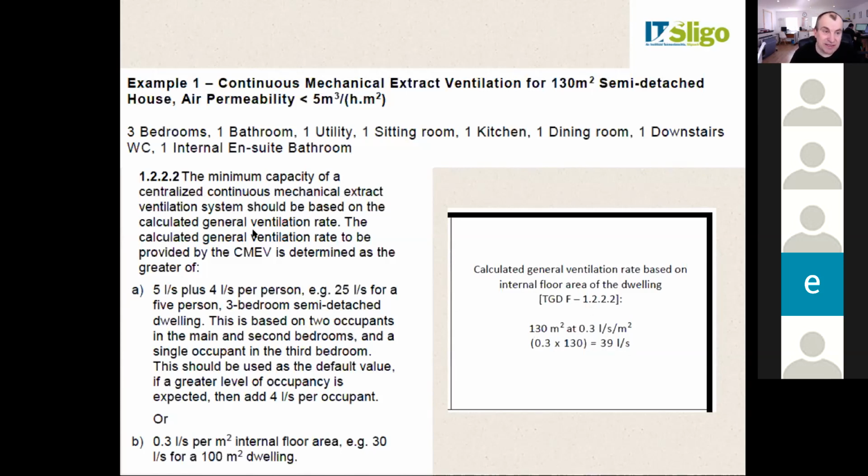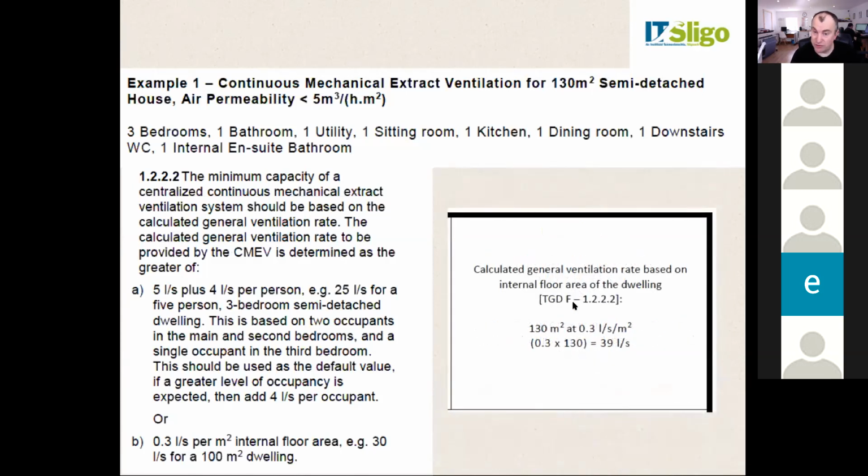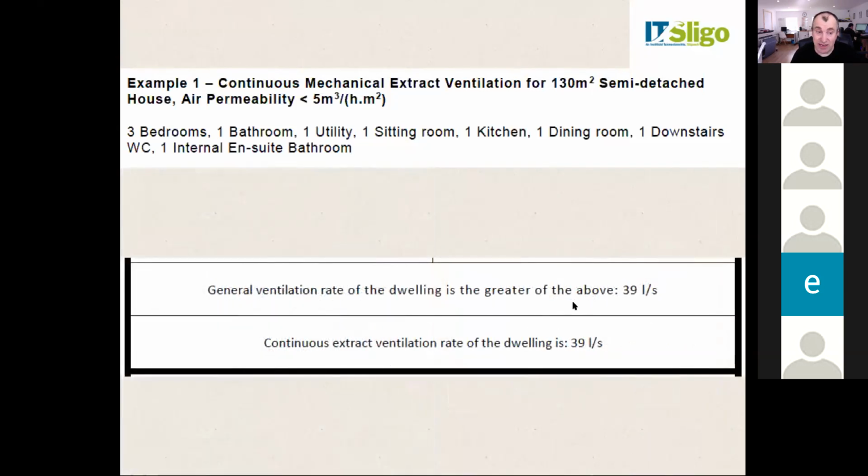Now, if you look on the left-hand screen, 1.2.2.2, it says, which is the greater of those two numbers? Is it 39 liters per second, or is it 25 liters per second? The greater of those two numbers is obviously 39 liters per second.